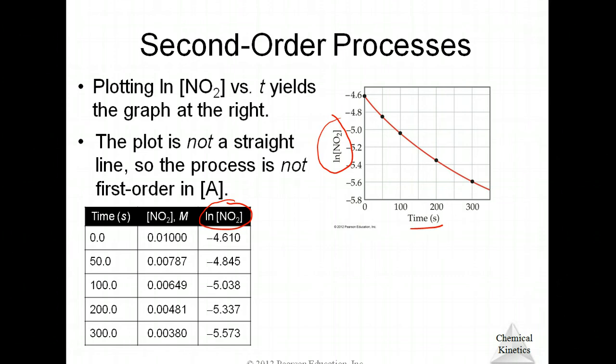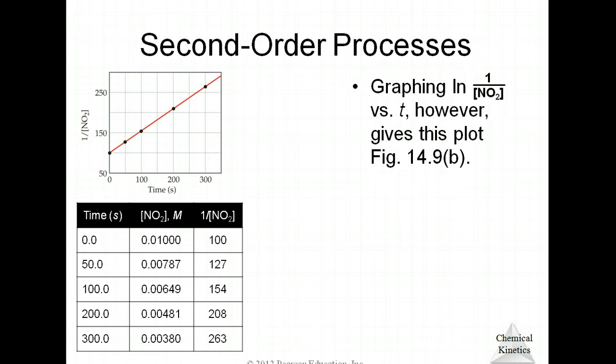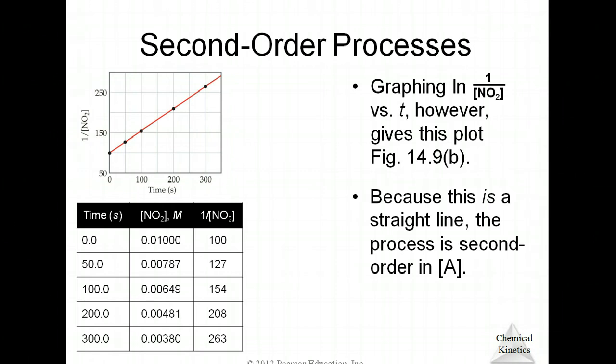So I take that same data sitting over here, and this time I use a second order process, graphing it together, take a look at it, and this time we notice that it is a straight line. So this confirms, this tells us that because it's a straight line, this is a second order process. So, backing up again, what does that tell us?